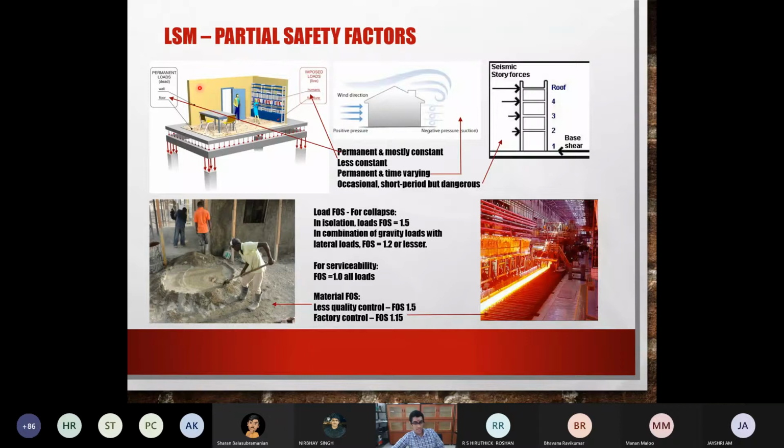For most common structures like one or two story buildings, in normal places, buildings which are not on mountains or on coastal areas, most people will just consider the dead loads and live loads alone and go ahead and design.